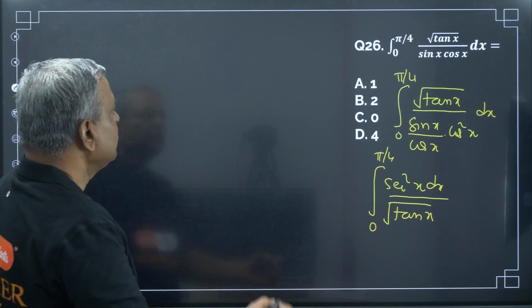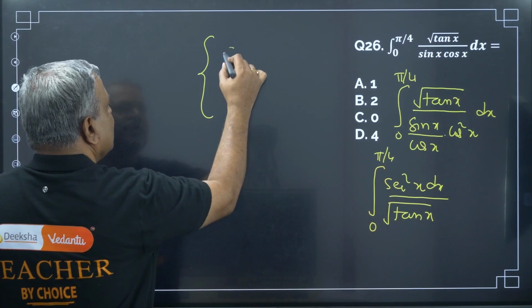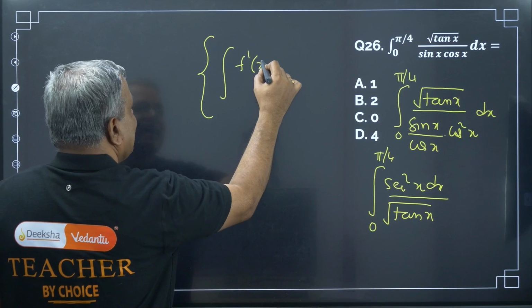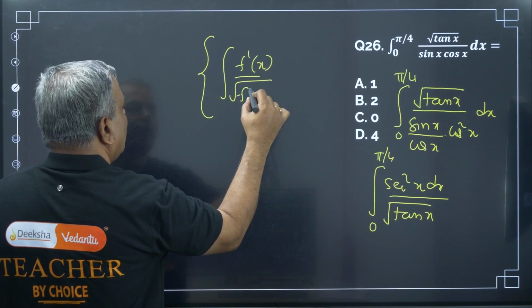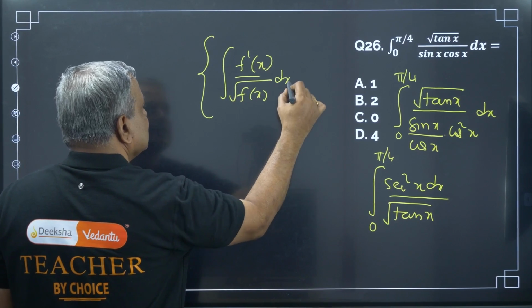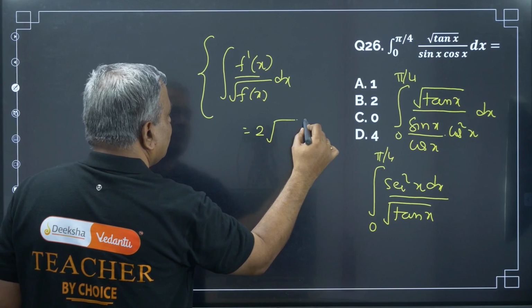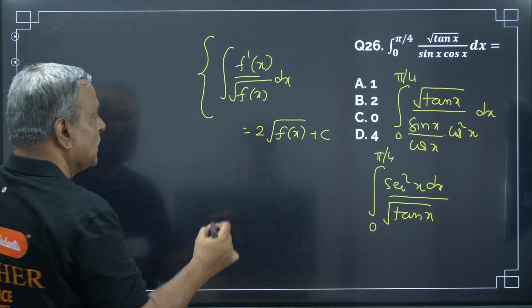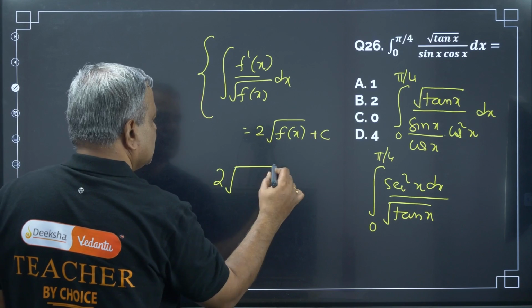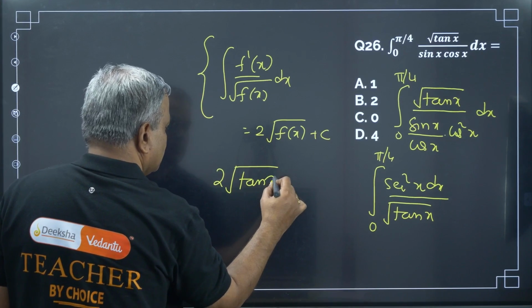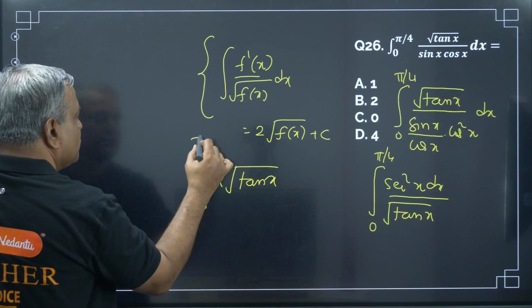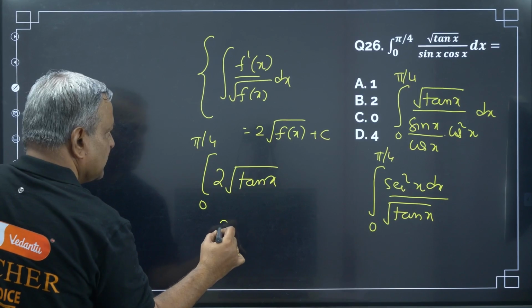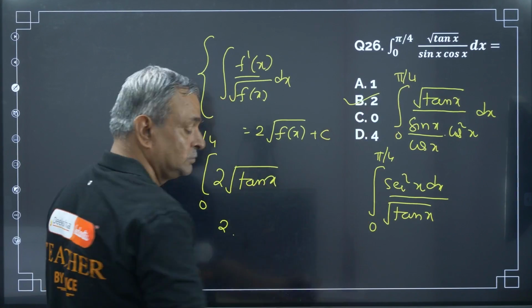Okay, so before that I teach you the concept: integral of f dash x by root f of x dx is equal to 2 root f of x. Clear? So apply that, 2 root tan x. Limits are from 0 to pi by 4. So you get answer 2, option B.